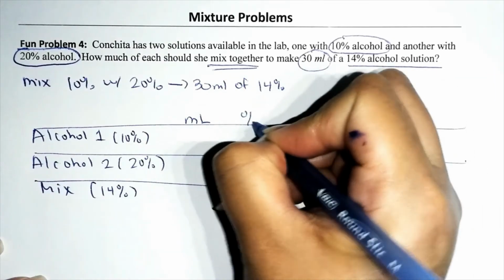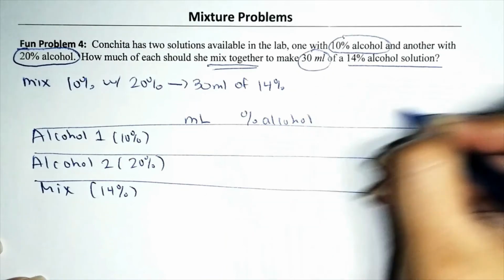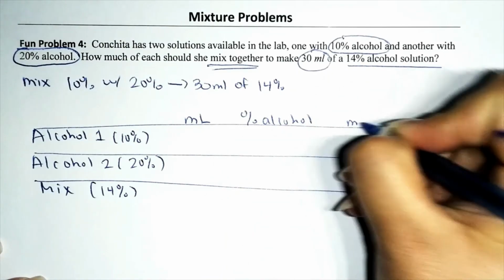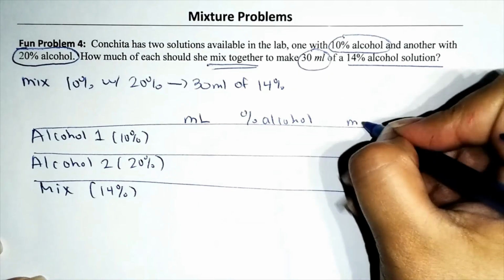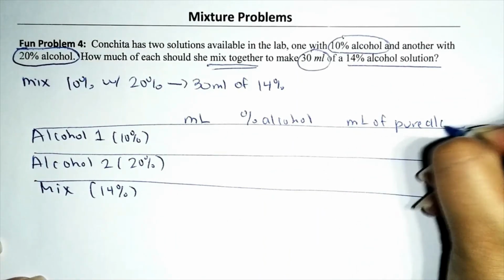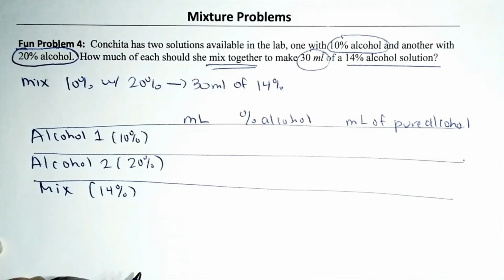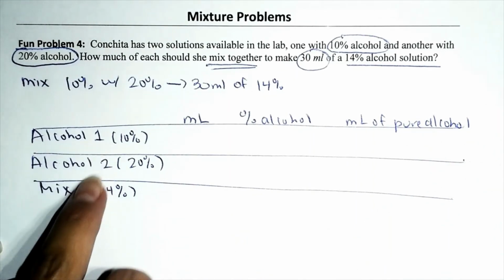Then the next one is the strength, percent alcohol, and then how much pure whatever we have, so milliliters of pure alcohol. All right, fantastic.